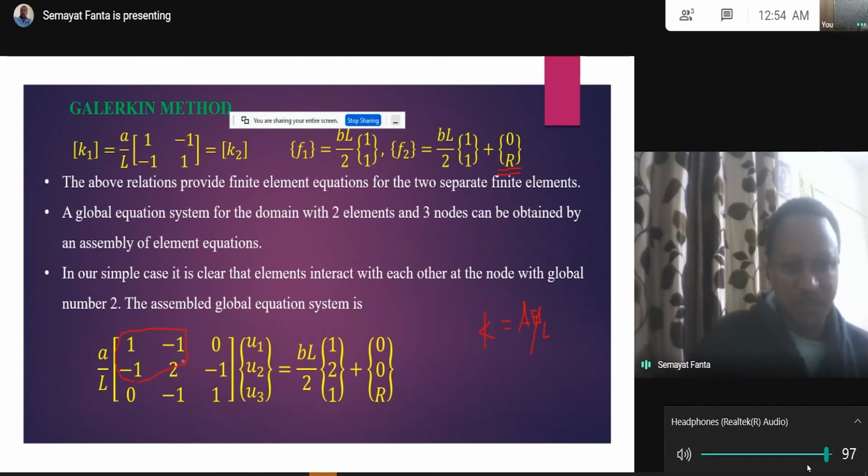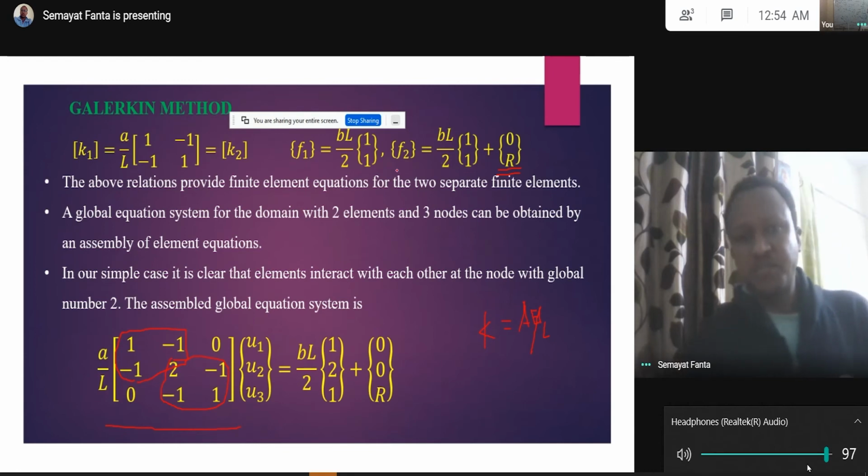The whole of this part is the K matrix, Ku, which is equal to F. Here we have F1 and F2, 1 and 1.